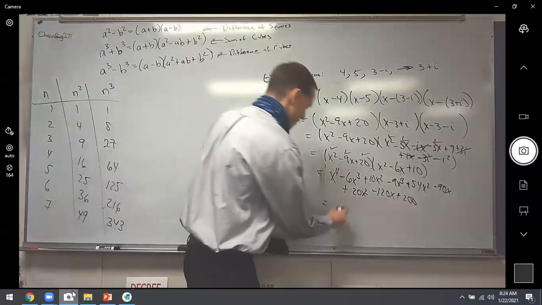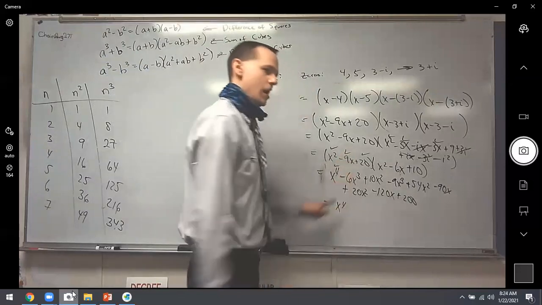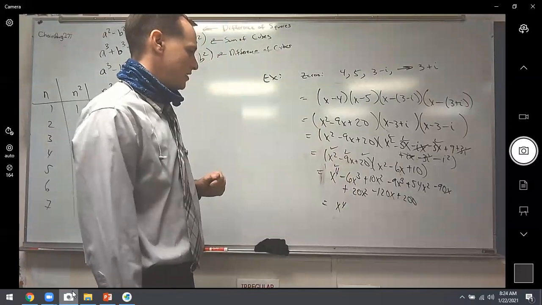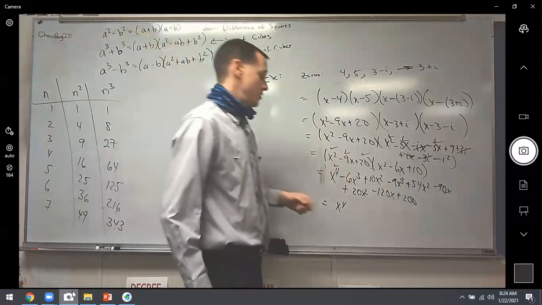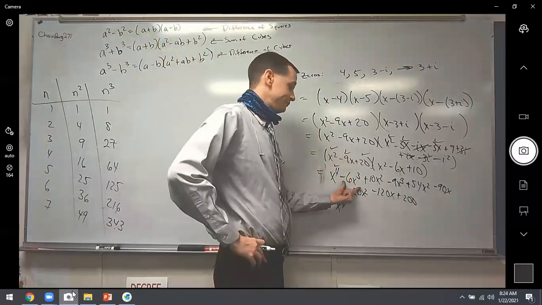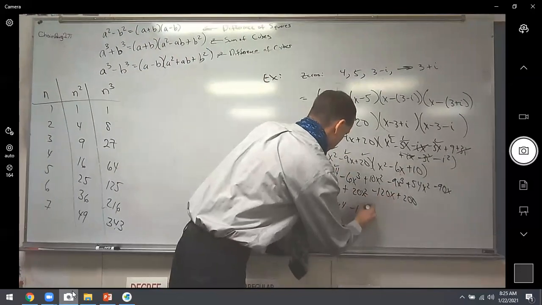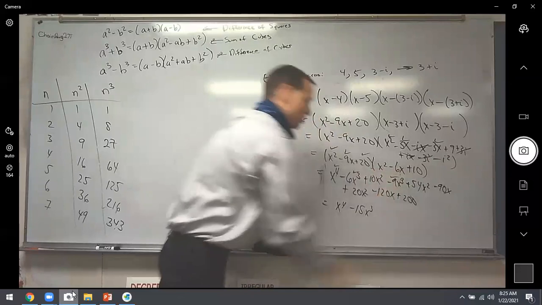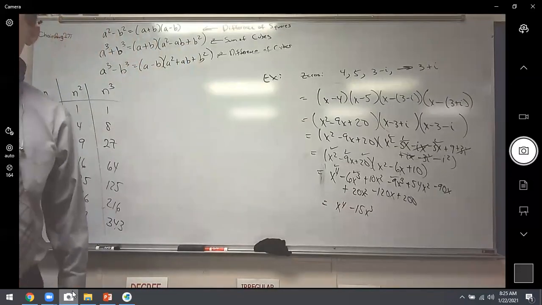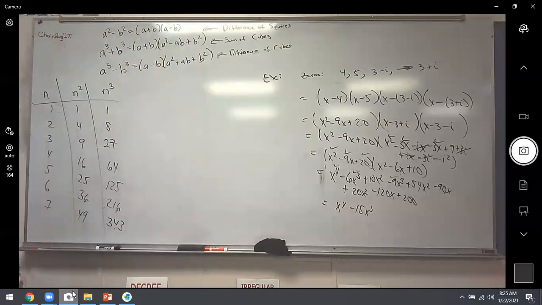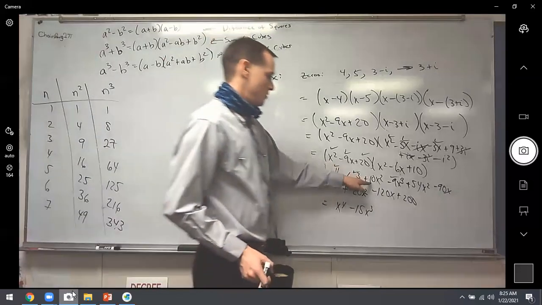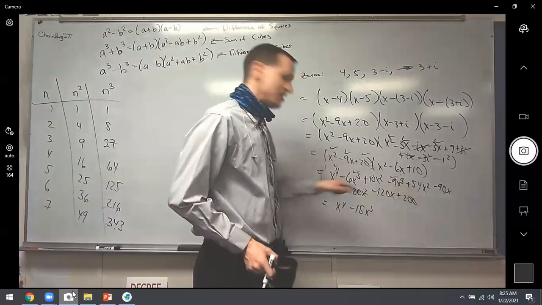So let's see. I have an x to the 4th, check. Do I got any cubes? I see a couple cubes. I see a negative 6x cubed minus 9x cubed. That's a grand total of negative 15x cubed. How about squares? See any squares? I see a 10x squared, a 54x squared, and a 20x squared.